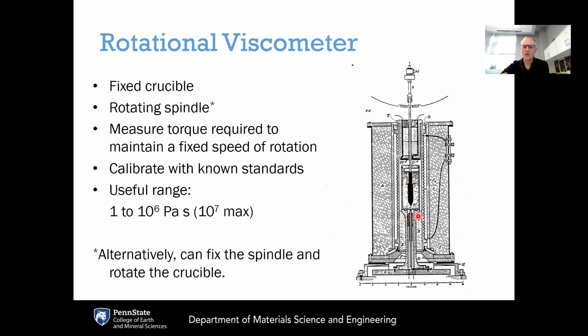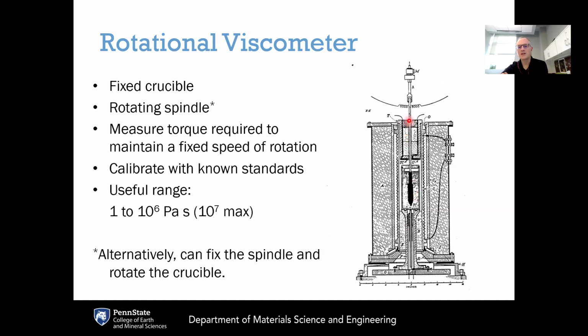Usually, this crucible is made out of platinum or some platinum rhodium alloy, so it can achieve the high temperatures required without interacting with the molten glass. So the glass powder or glass cullet is put into the crucible and is put into the furnace and then heated up to a high temperature where it melts.